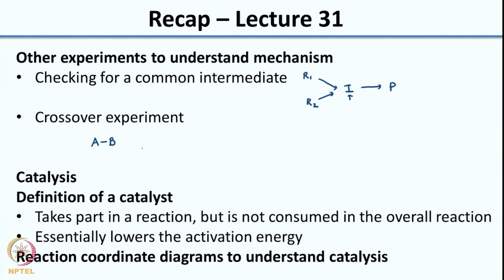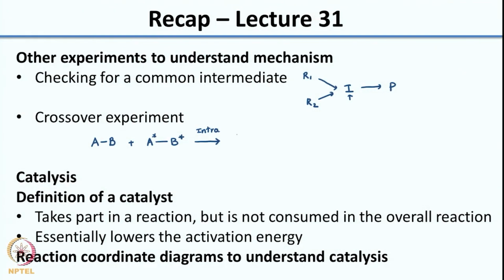In the earlier case you are doing two parallel experiments, here you are doing the same experiment where you are taking two reactants, and this is used when you need to figure out if the reaction involves fragmentation or goes via an intramolecular reaction. If the reaction is intramolecular, then the products you get would be CD and C star D star. So, there is no crossover.